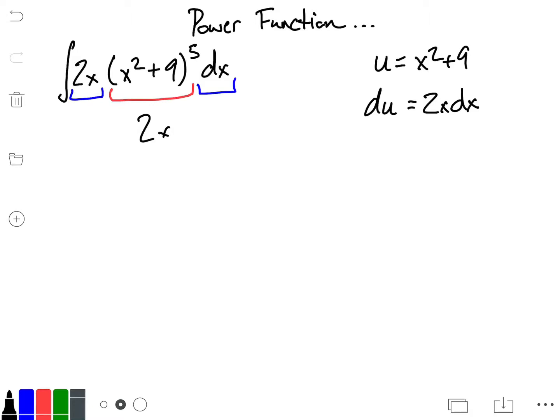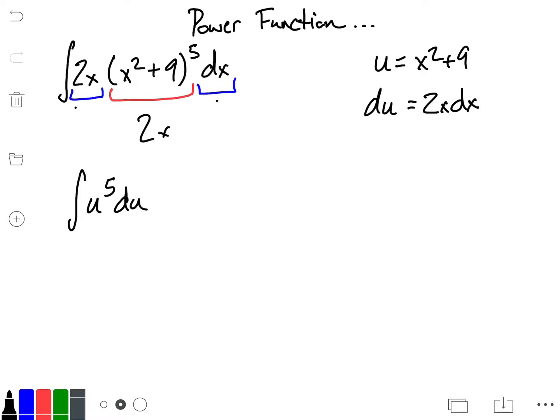So of course, step 3 is where we actually go ahead and plug in and do our substitution. So we're going to have the integral of u, which we replaced x squared plus 9 with u. We go ahead and carry the outside function that it had, so u to the 5th, and then we tag on our du, which is everything else that was left in the problem.